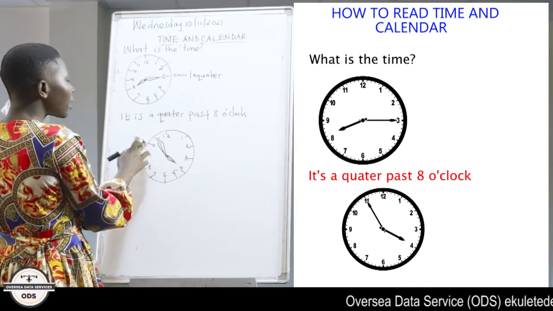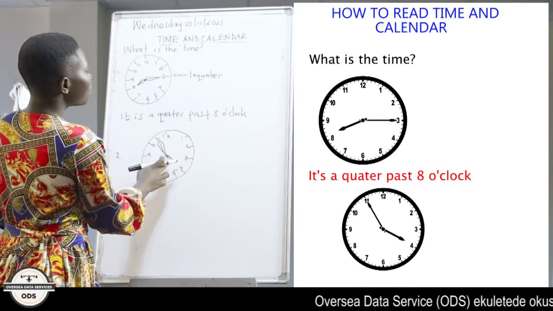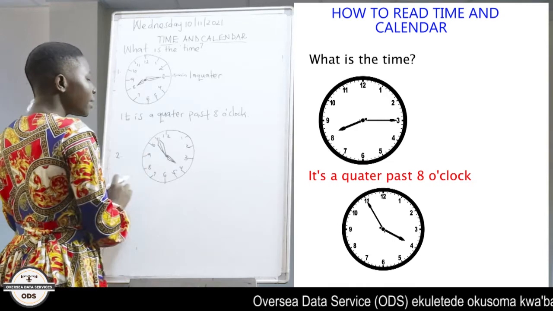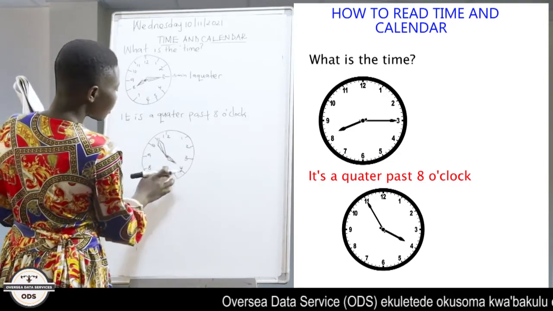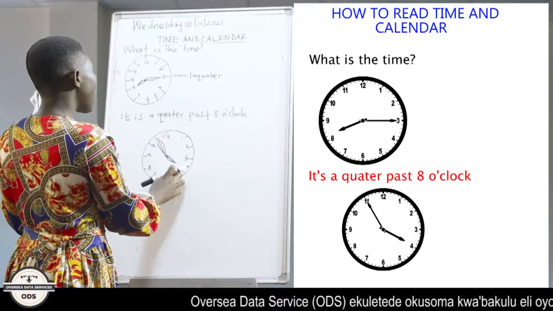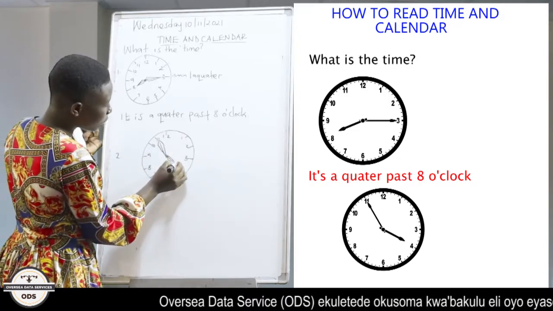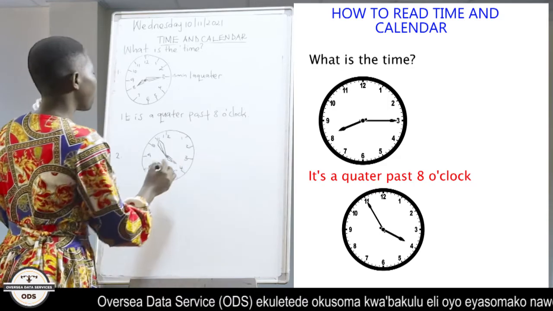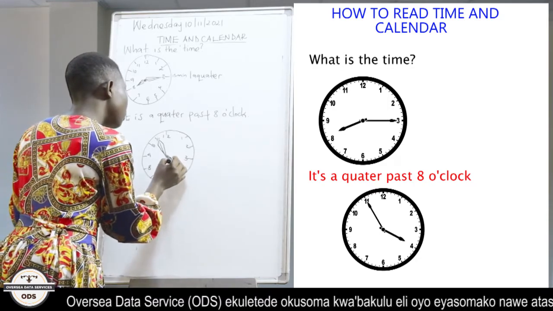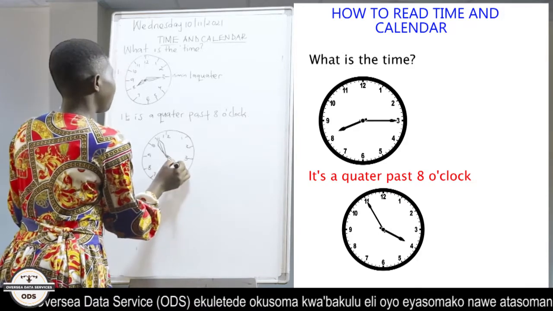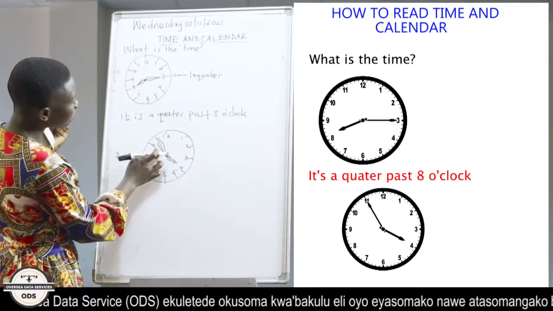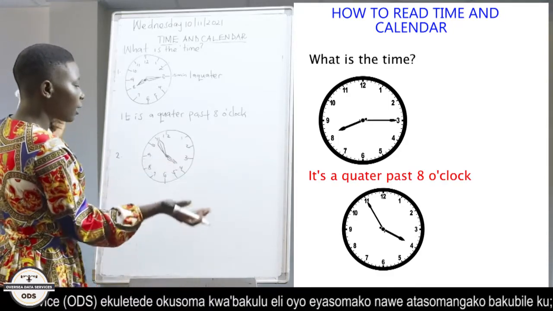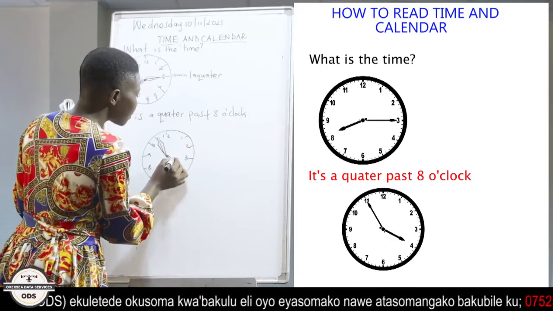Now if this one is pointing at 11 for the minutes and this one is pointing at 4, it is pointing at 4. How are we going to read this time here? Since we can identify our hands, that this one is for minutes and this one is for hours, it's very easy now for us.